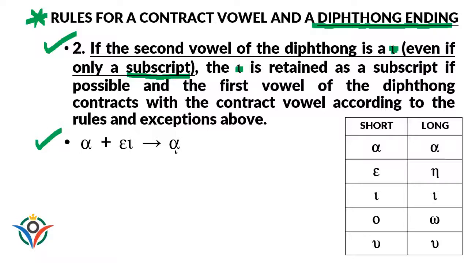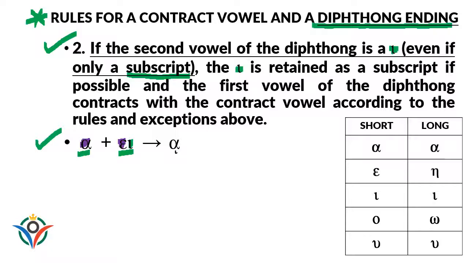So here we have the contract vowel alpha plus the diphthong a, and this ends with the iota, and according to this rule we want to retain it only as a subscript. And so the rule states that the first vowel of the diphthong, the epsilon, is going to contract with the contract vowel, the alpha, according to the rules that we've learned.